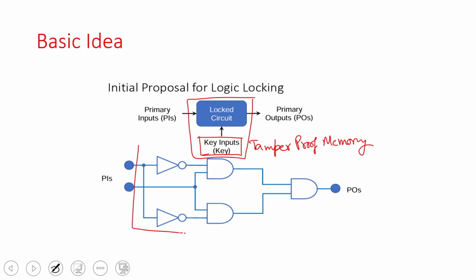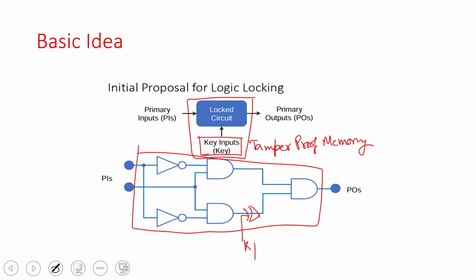If you think about it this way, this is your design, this is your input, this is your output. Now, I want to lock this behavior, right. I want to obfuscate the behavior from the user. So, suppose I decide to lock here, what I will do is put some gate, let us say some XOR gate, and this is my K1, right.